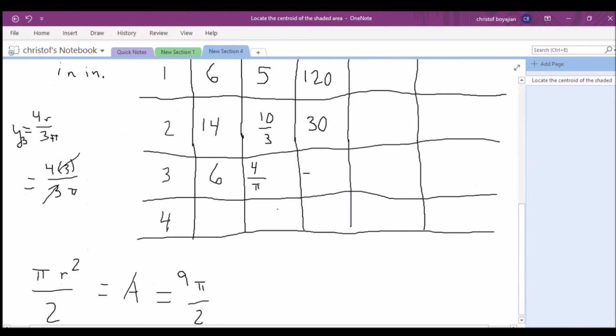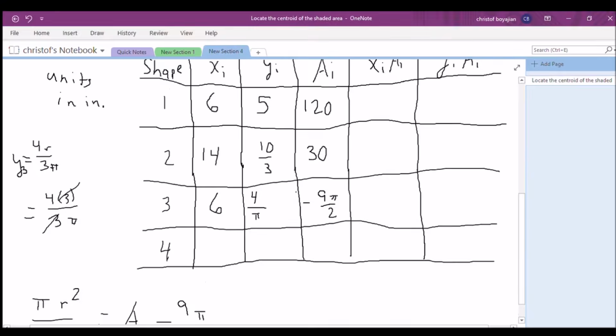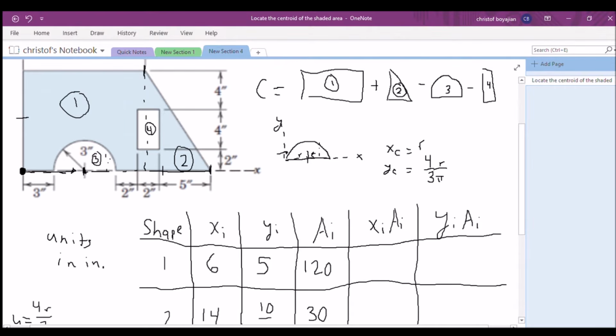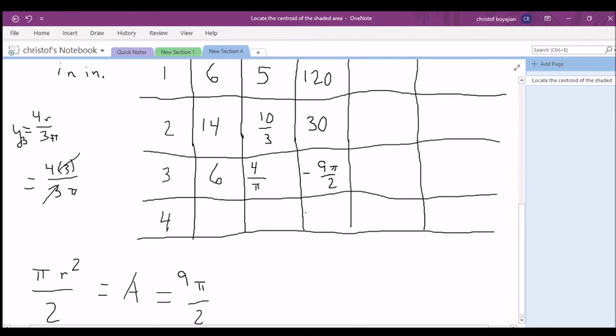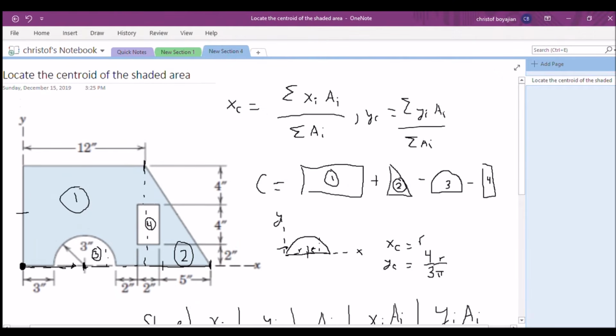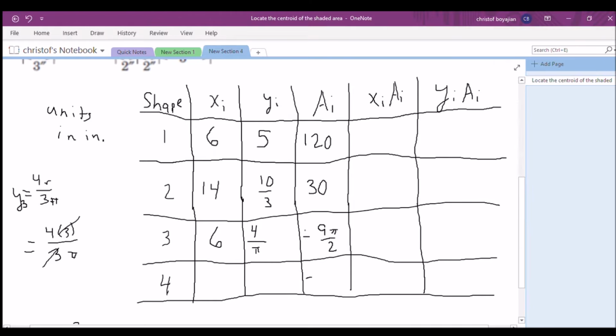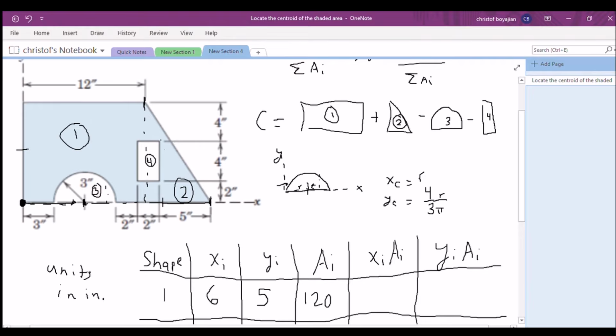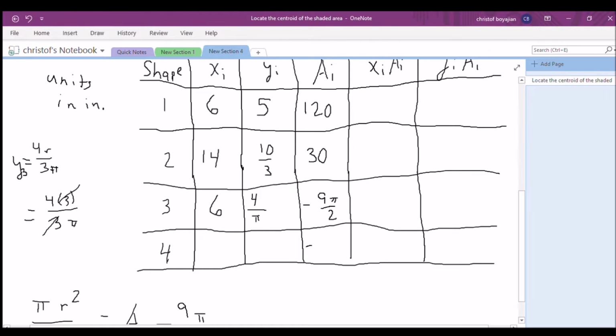So this is actually going to be a negative value. Again, I repeat, this is a negative value because this is not a shaded area. We're subtracting this area to find the centroid. So you can already guess that this area is going to be negative too because this is also not shaded. So something to keep in mind is when you're subtracting areas, you put a negative sign in your little table that you have here.